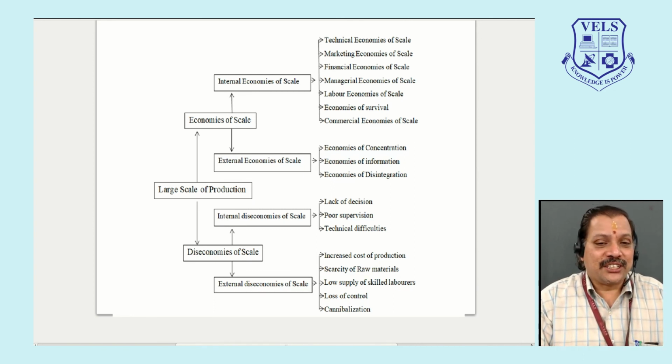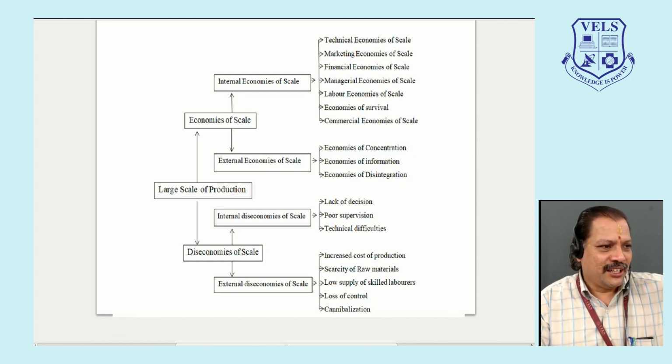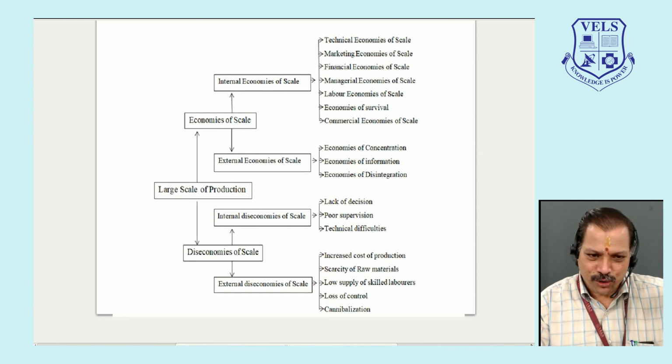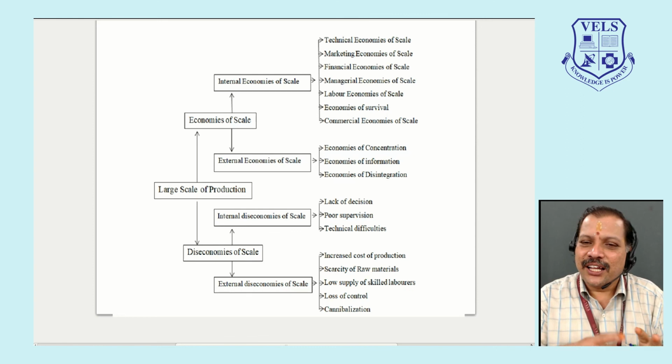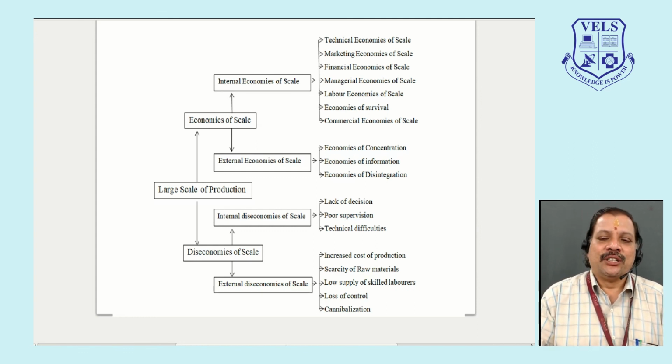So in Section C you can have a complete answer. First the definition, then what it means, then what is economies of scale and what is diseconomies of scale, and in that the further classification into internal and external for both economies and diseconomies of scale. Then in total: technical, marketing, financial, managerial, labor, commercial, economies of concentration, information, disintegration.